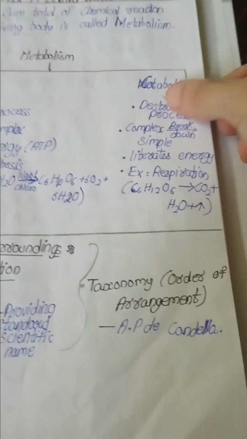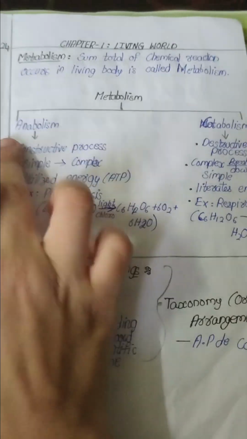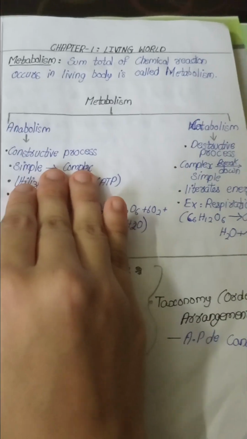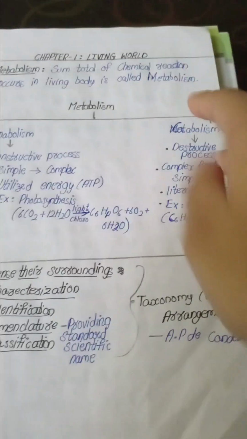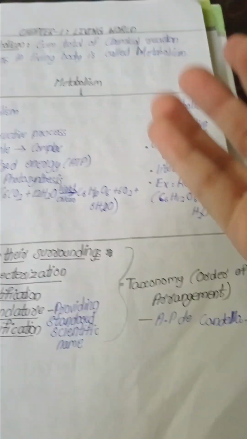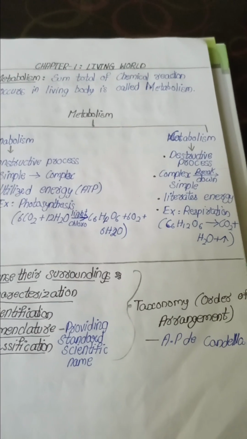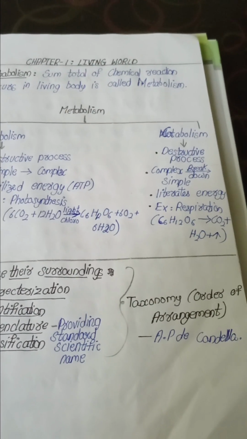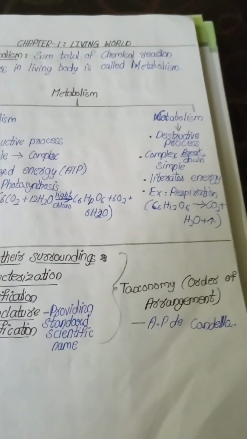And then catabolism. The opposite of anabolism is catabolism. It is a destructive process. Anabolism is a constructive process, catabolism is a destructive process, the opposite of constructive. The molecules or particles break down, get separated and divide into more particles.